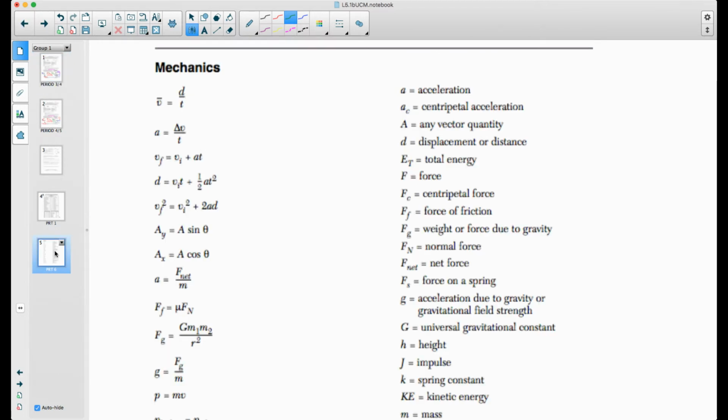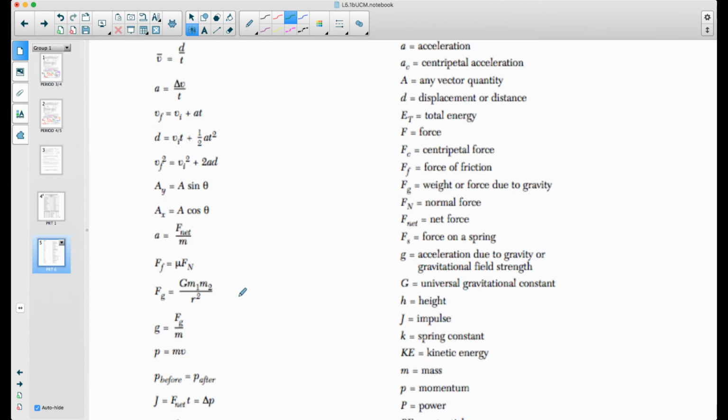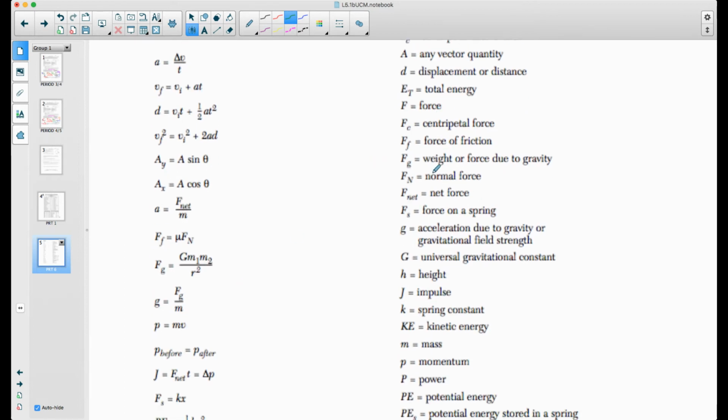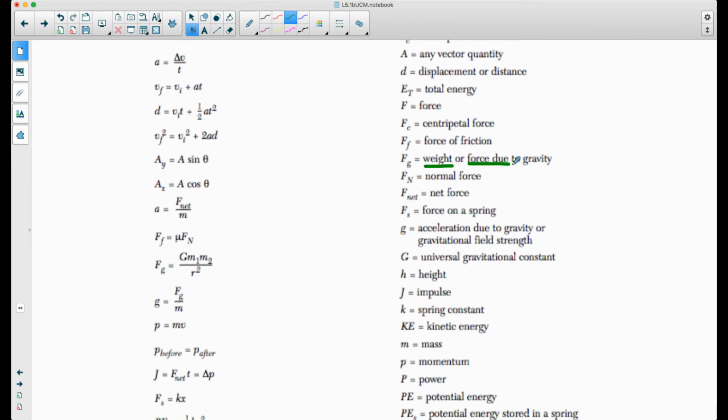If you go over on PRT 6, what you will see is weight, force due to gravity. They are one and the same, and they go by the symbol F sub G. There are a couple equations for them. You're actually going to use both during this lab. But on page 1 of lab 5.1b, what we were doing there in the bottom, you're going to use this equation.